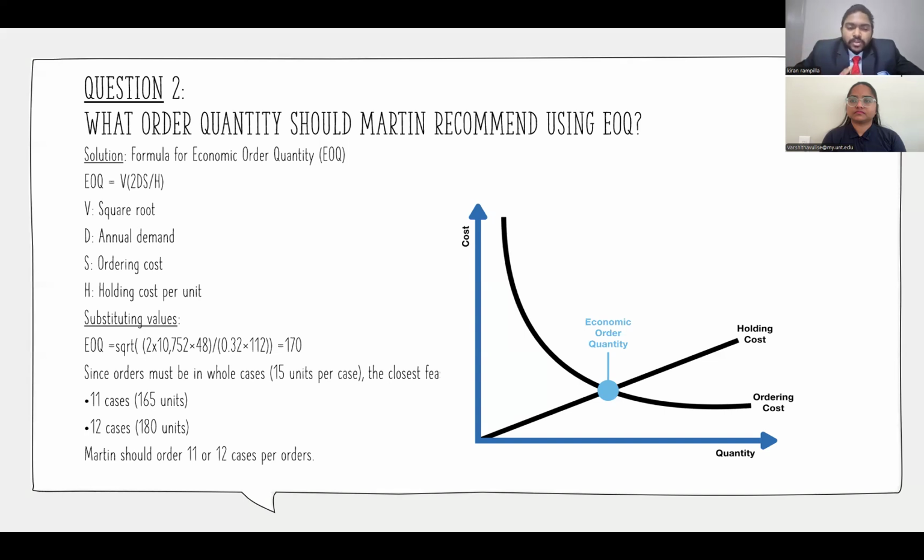Here we will use the formula of EOQ, and we know that orders must be placed in whole cases only, that is 15 units per case. Substituting the values in the formula, we get 170 units as the EOQ, and dividing by 15 units per case, we might order 11 or 12 cases based on the rounding policies.